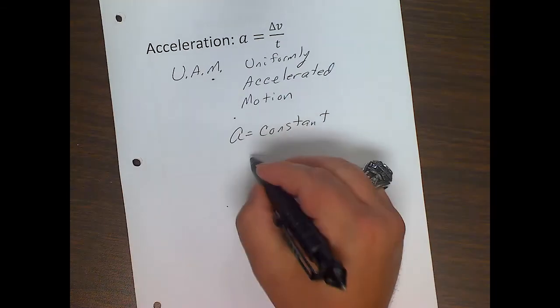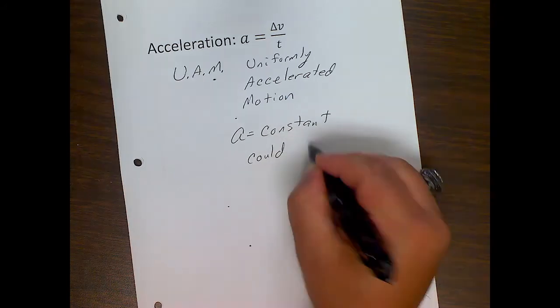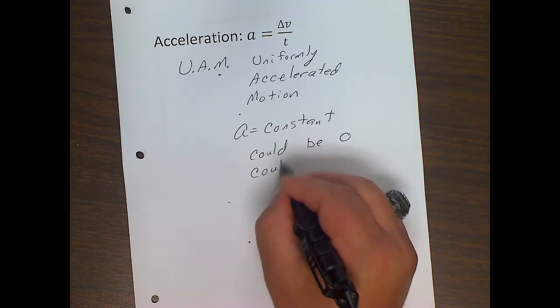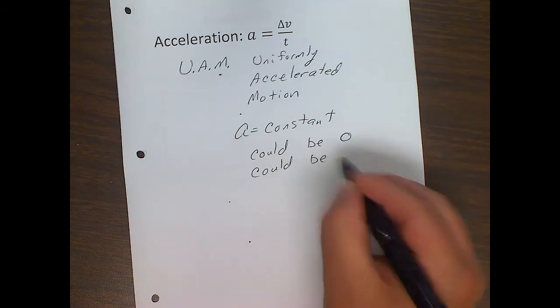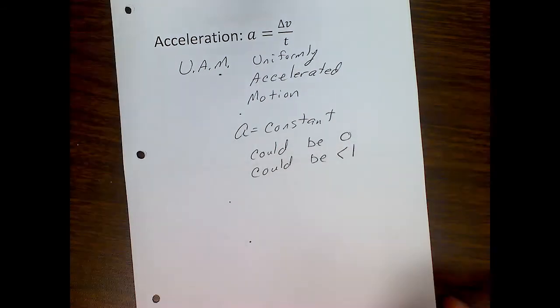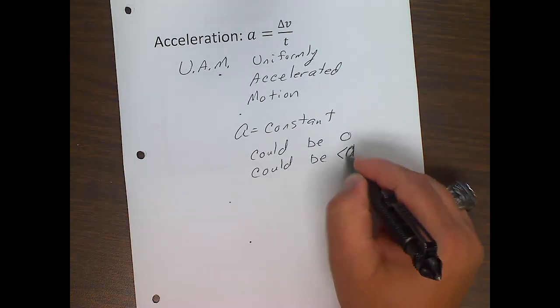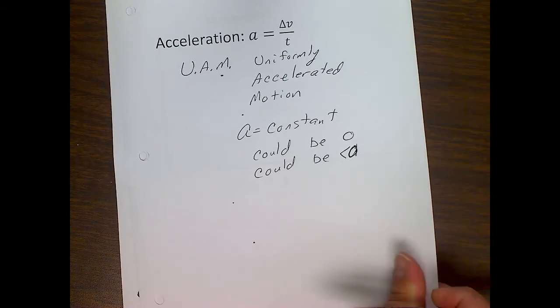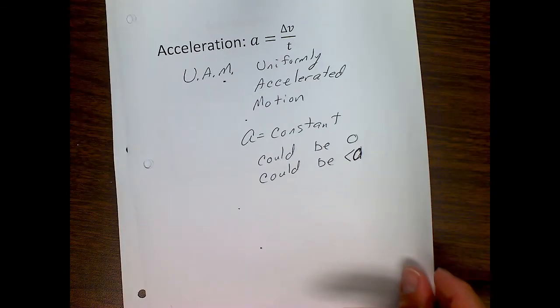Could be 0. Could be negative, I should say less than 0 for negative. Could be a fractional value. Doesn't always have to be any particular thing. It's just going to be constant for us.